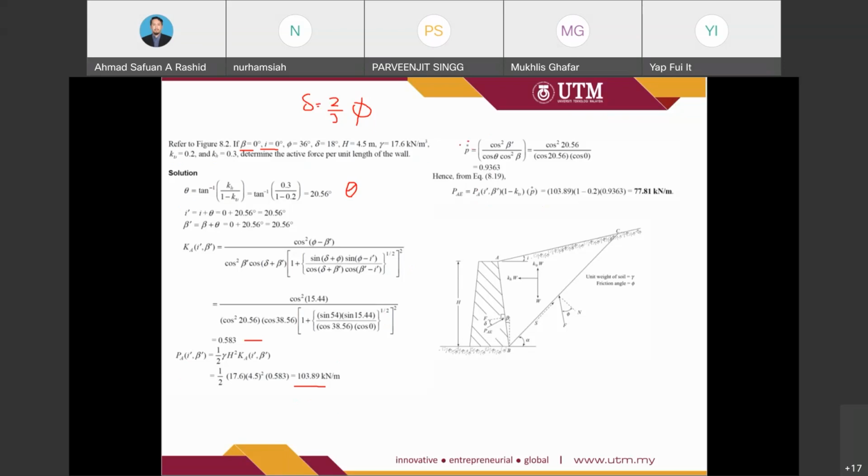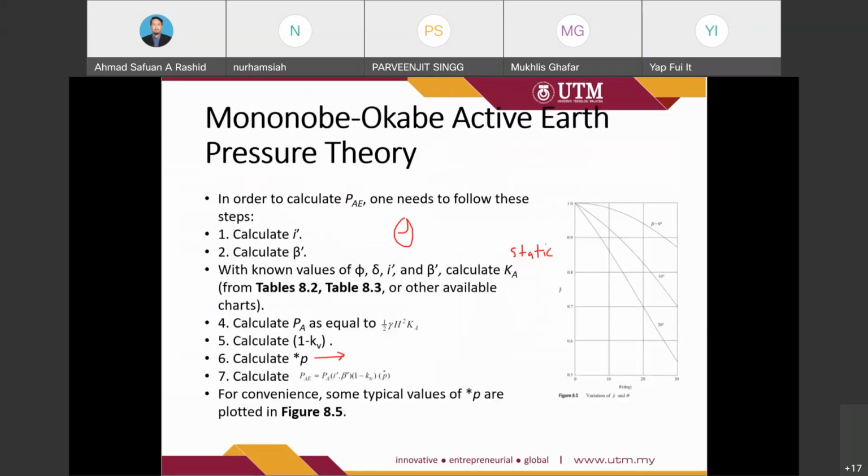So we need to account for the PS3, because the final equation is similar to this one. So we get the PS3 0.9363, or we can use this chart to get the PS3. What is the theta value here?